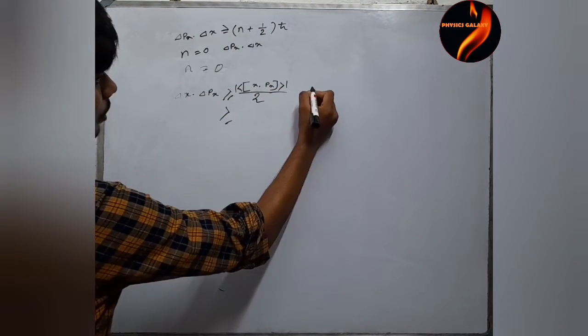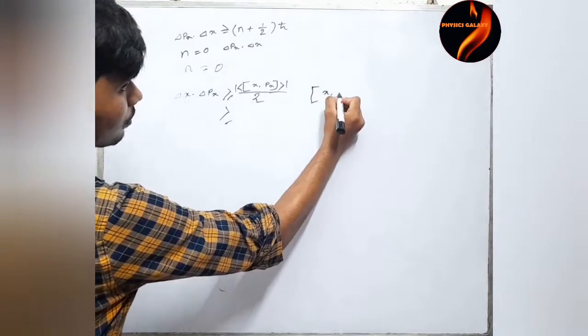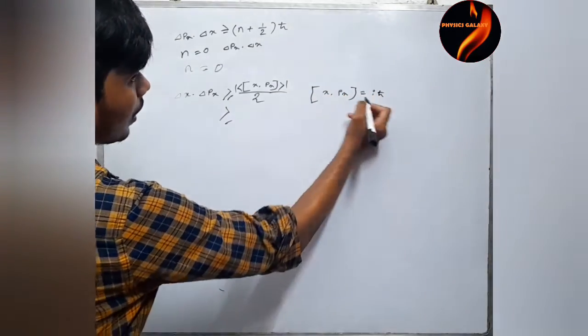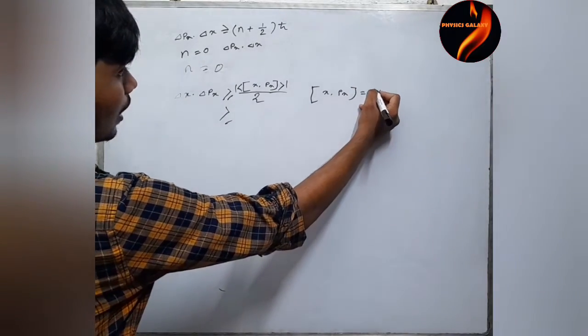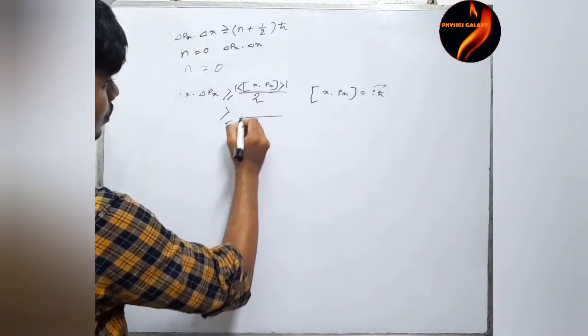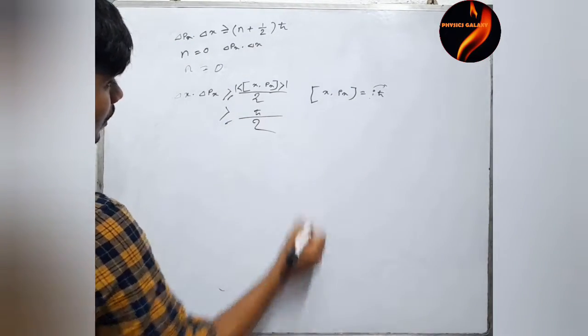The commutator of x comma px is i h cut, and if we take its modulus, then i vanishes and only h cut remains, so it should be h cut by 2.